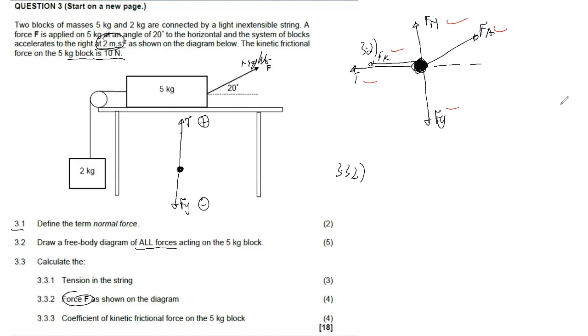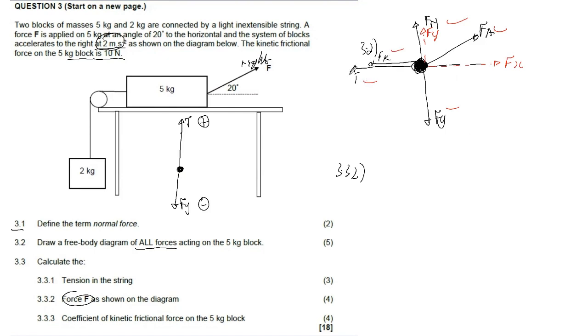Every time we experience such a situation, we have to remember that we can resolve all the forces that act at an angle into components. So we'll end up having the Fx here, and since it's being pulled, we know that the Fy has to be up there, right? So this is Fy.